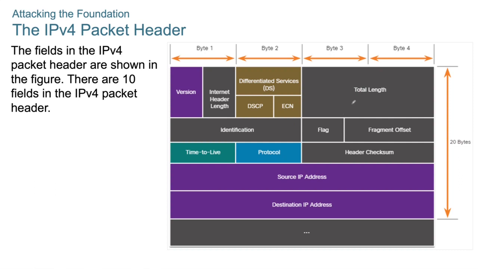Then there is the total length field in the IP header. This specifies the length of your IP packet, including the IP header and the user data. The total length field is 2 bytes, so the maximum size to represent with these 2 bytes is 65535 bytes, the maximum size of your packet.